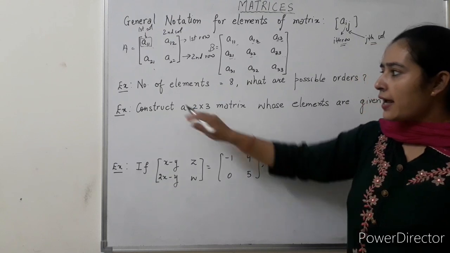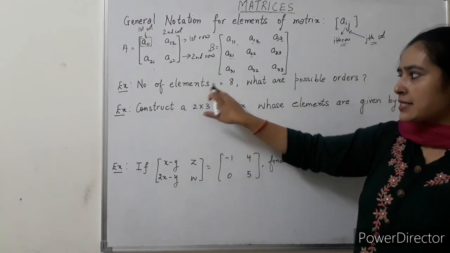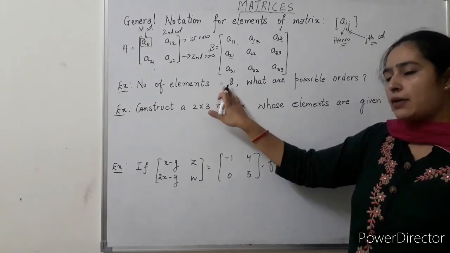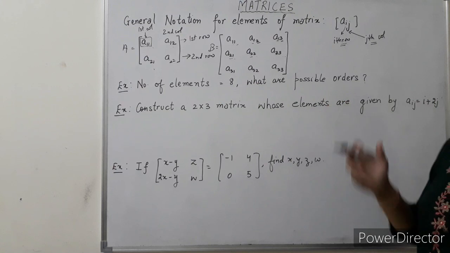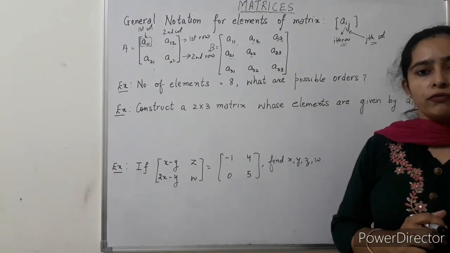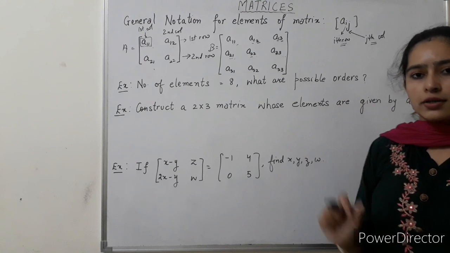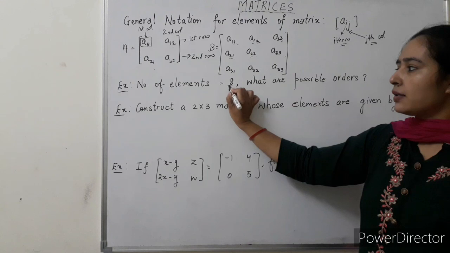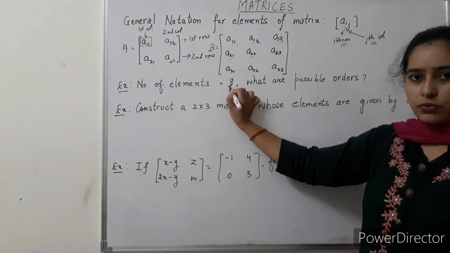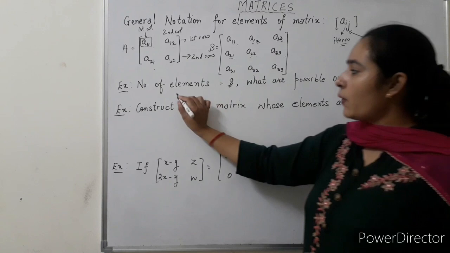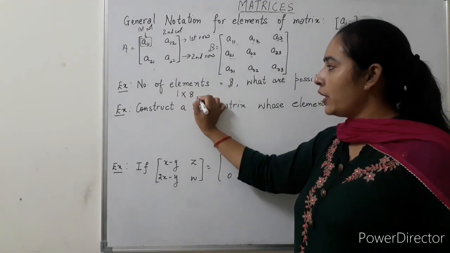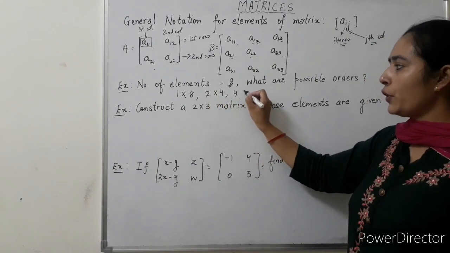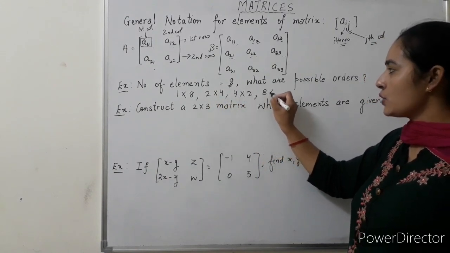Now next is example. Here number of elements is equal to 8. Suppose we have a matrix which has the number of elements 8. Now what are the possible orders? To find the possible orders, we shall factorize the number of elements. Now let's factorize 8. We can write it as 1 into 8, 2 into 4, 4 into 2 and 8 into 1.